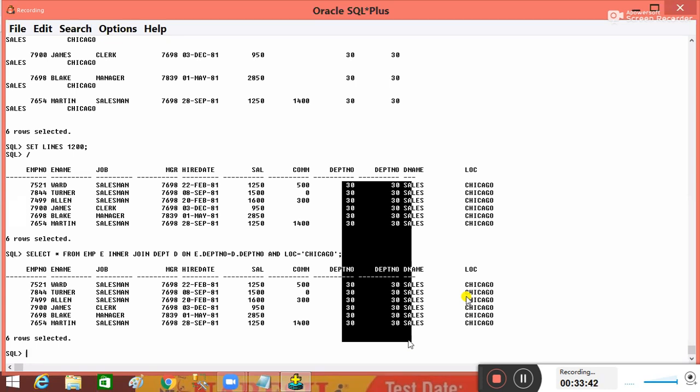Are you audible, guys? Yes. So now why should I lose unmatching data? I want unmatching data also along with the matching data. So then what do we want to do?